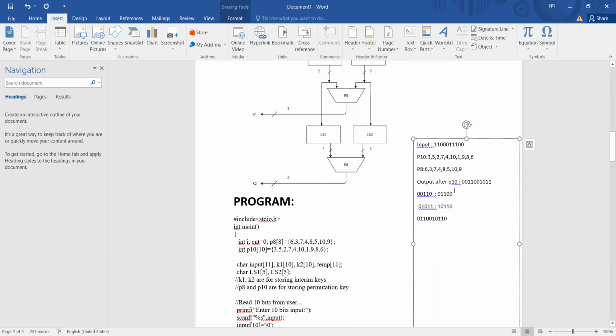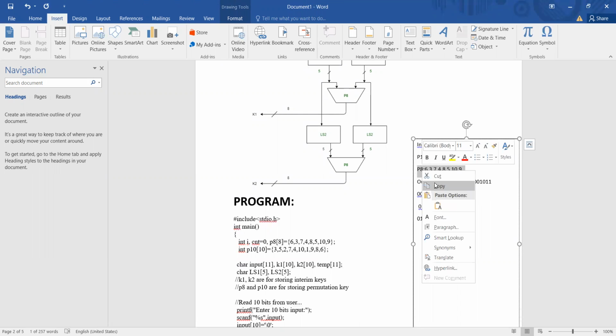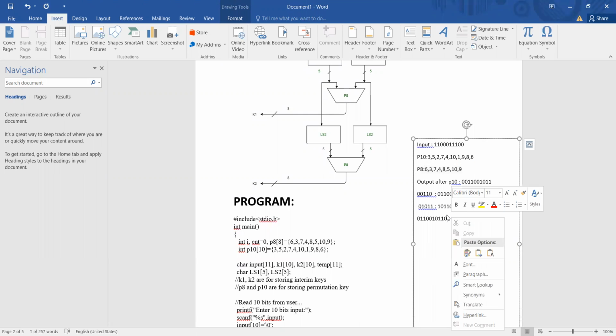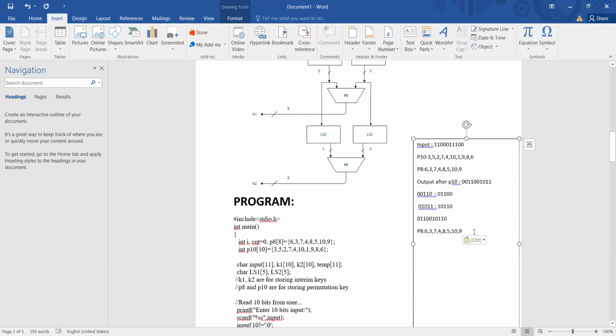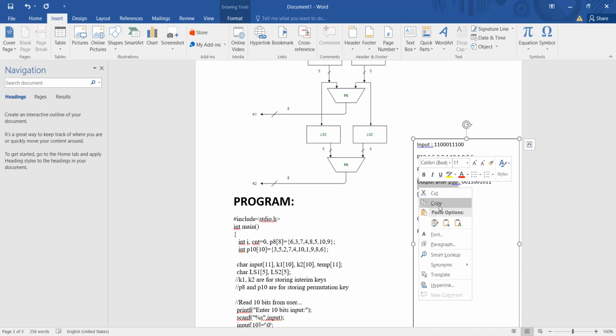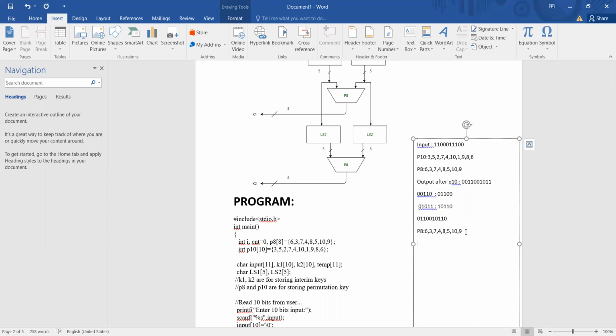Okay, as we have done for the P10, we are going to do the same with these elements. We are going to generate the output after the P8.